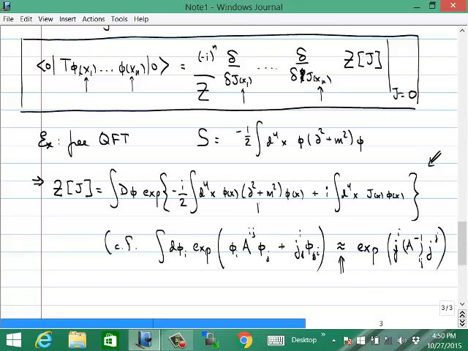And this operator here is really just like your matrix A. So you should expect this path integral to be something like J times the inverse of that kinetic term, d squared plus m squared, times J.